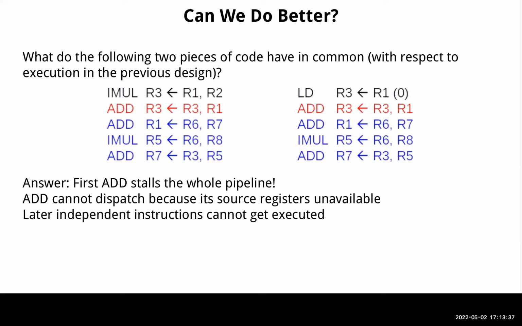However, the third instruction adds R6 and R7 into R1. That instruction technically does not conflict with the first or second instruction. We're reading from R6 and R7, writing back to R1. Of course, we cannot write the value back to R1 before the second instruction returns. Then the fourth instruction multiplies R6 and R8 and puts the value in R5.